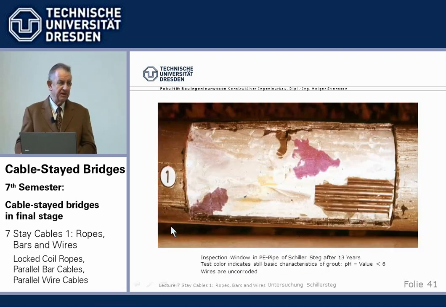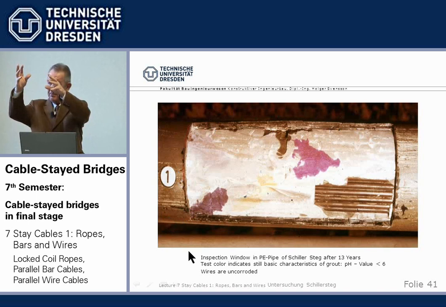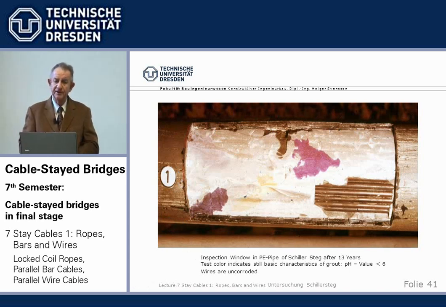For example, in this Schillersteg bridge, after 15 years, windows were cut into the PE pipe at the upper end. It was all filled. It was still alkaline, so the corrosion protection characteristic of the grout was there.